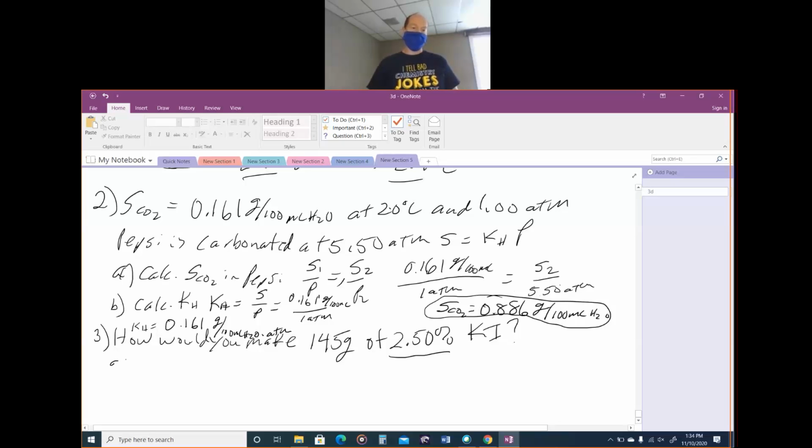So if you assume a 100-gram sample, you have 2.50 grams of KI and 97.5 grams of water, which means you have 100 grams of solution.